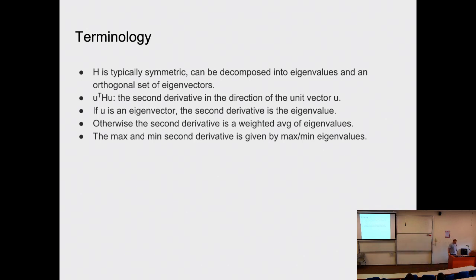Typically, we want it to be positive definite. It can be decomposed into eigenvalues and the corresponding eigenvectors. Did you say usually symmetric because maybe complex matrices? Yes. Correct. In the types of functions we're interested in, I think we can assume it's symmetric.